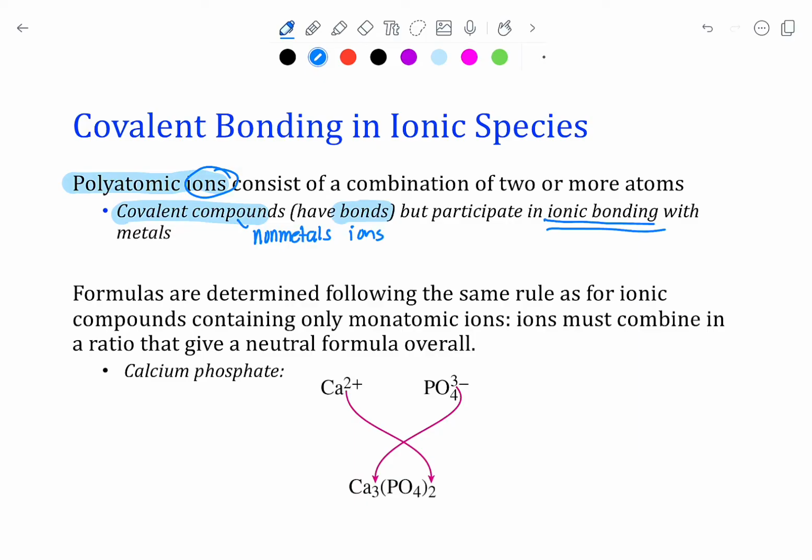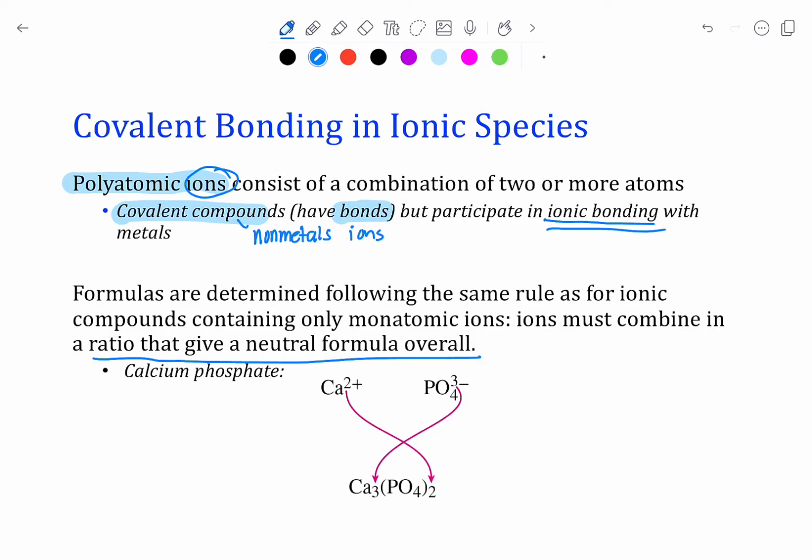So the formulas are determined following the same rules for ionic compounds containing only monoatomic ions. So we follow our ionic compound naming rules and formula rules that we talked about in our previous lesson. So the ions must combine in a ratio that gives a neutral formula overall.